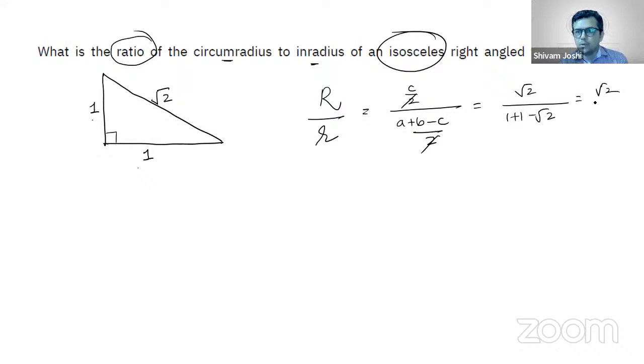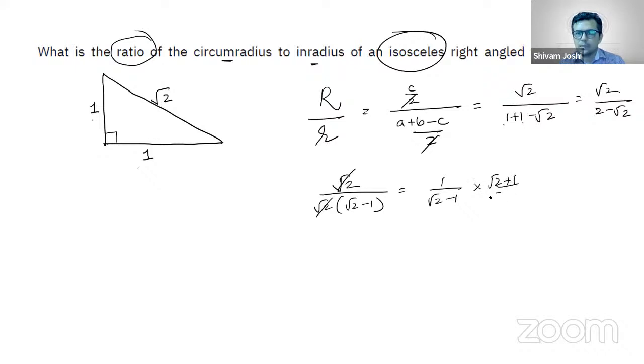This is going to be root 2 upon 1 plus 1 minus root 2, that is 2 minus root 2. I can take root 2 common in the denominator, so this is root 2 minus 1. The root 2 is cancelled out. So this is my answer and I can rationalize it, which is root 2 plus 1 upon 1.